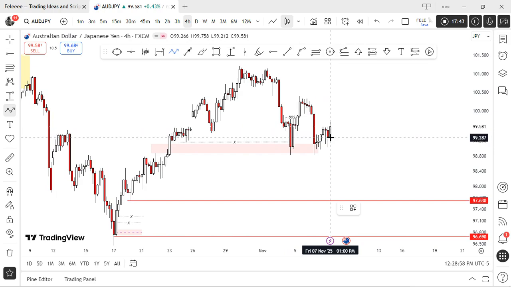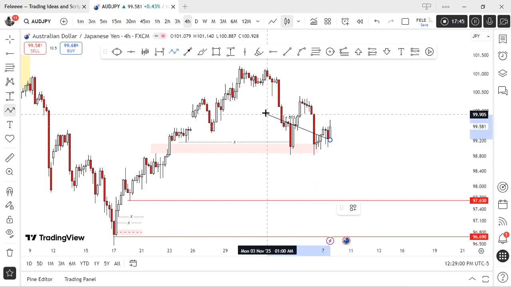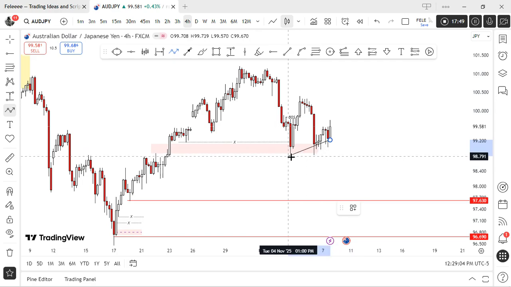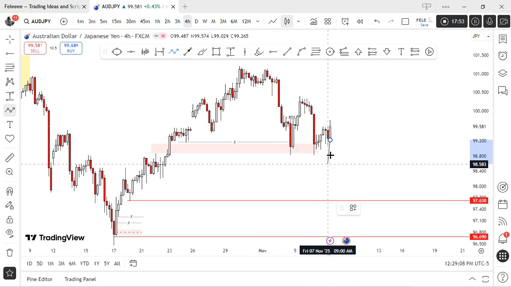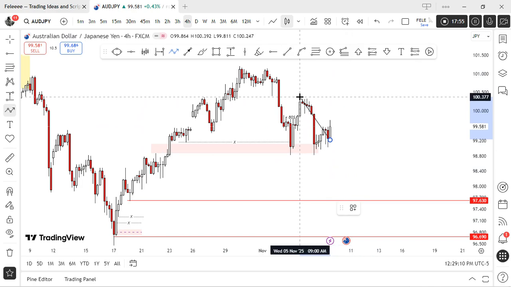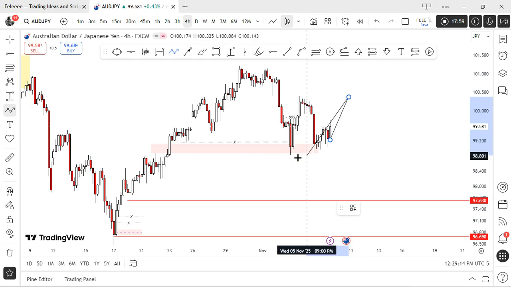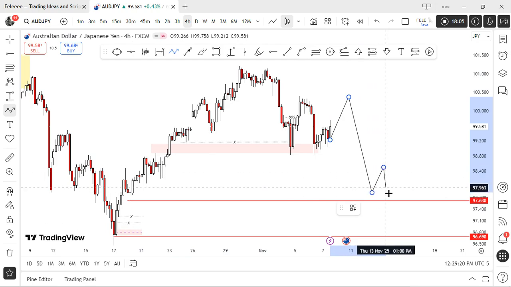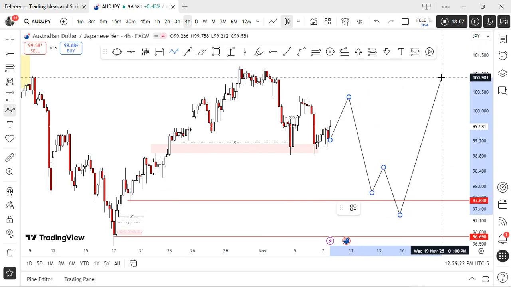If price doesn't manage to close above this low high, then this below is going to be an equal low that needs to be swept, and we want to see this liquidity being taken out before the bullish move occurs.